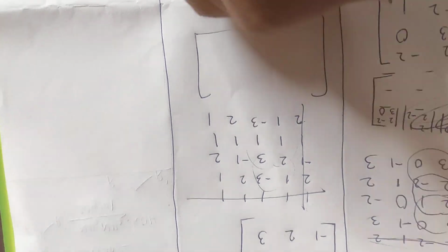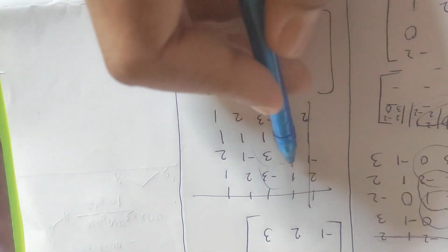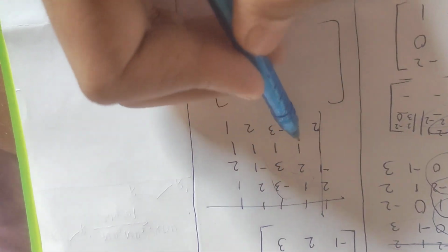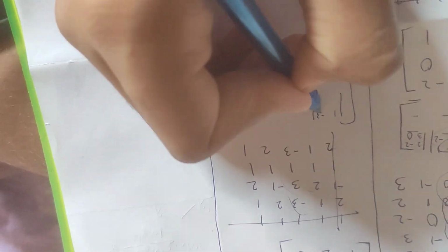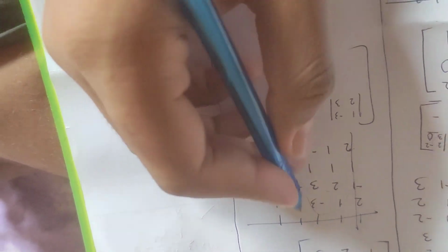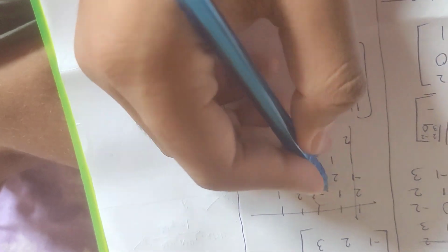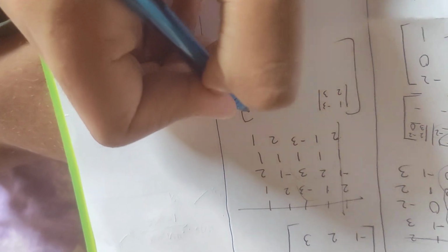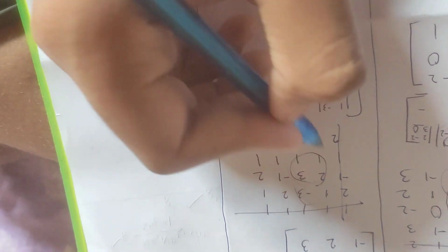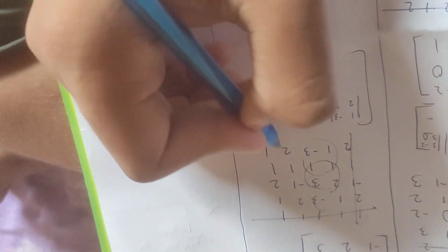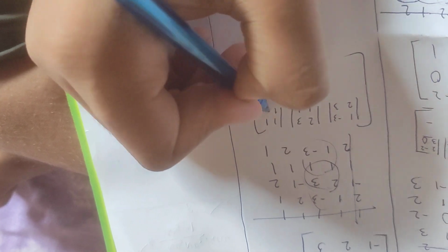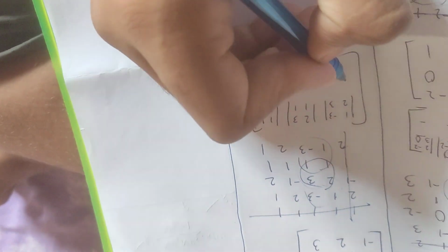So the adjoint matrix would become, here we will draw the 1 minus 3 2 3, and remember we have to select column wise and arrange row wise. So now this, 2 3 1 1, now this 1 1 1 minus 3, right.